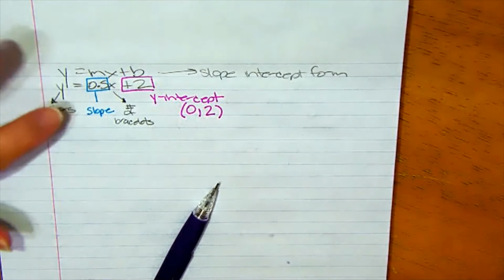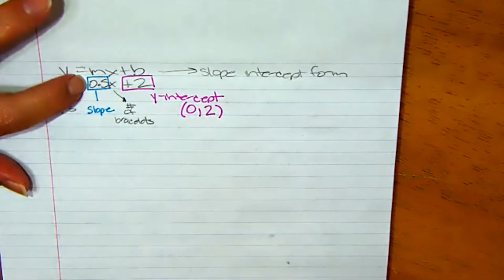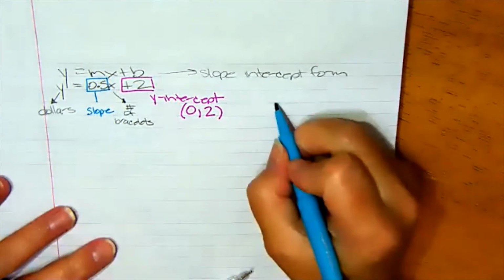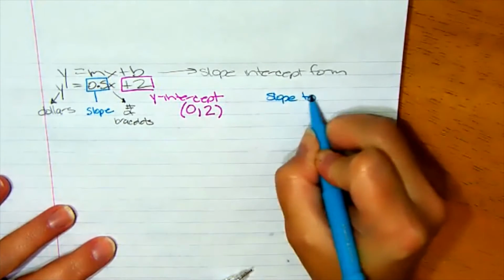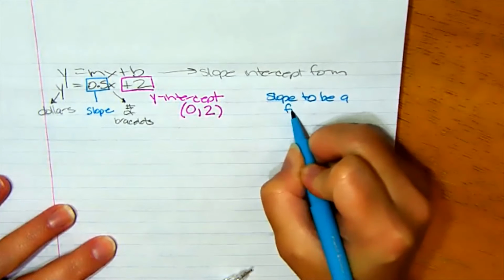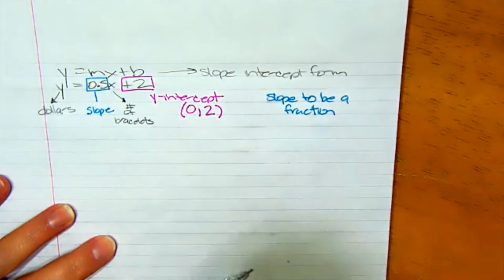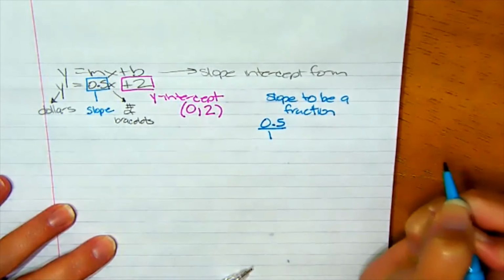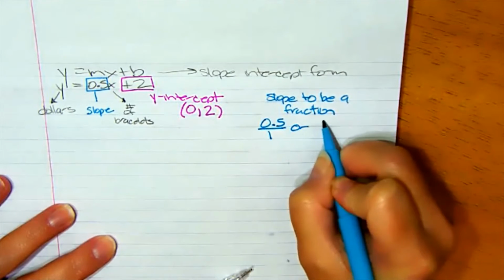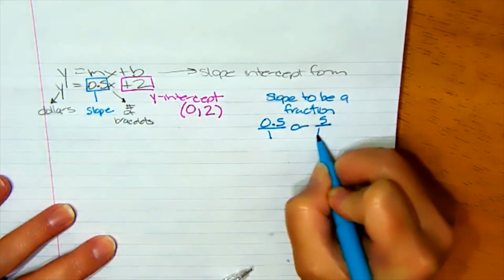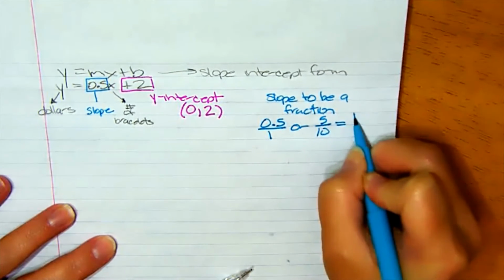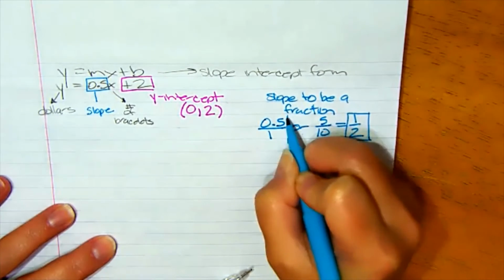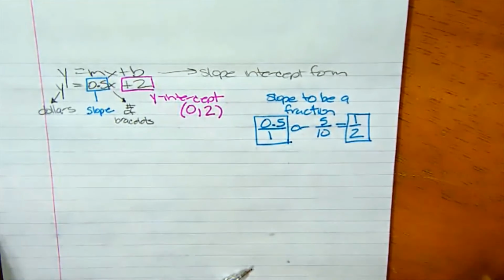We also know we like our slope to be a fraction. So I have two choices. I can say 0.5 over 1 or 0.5 is equal to 5/10, which is equal to 1/2. I can use either one of these.